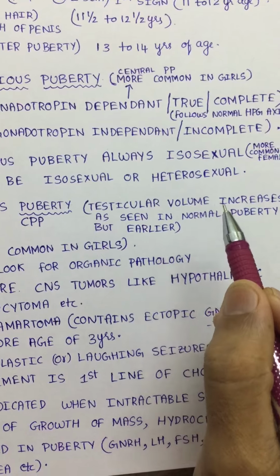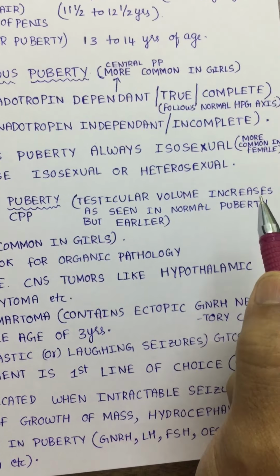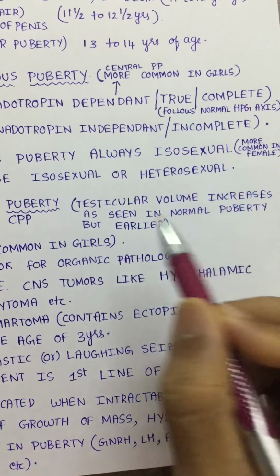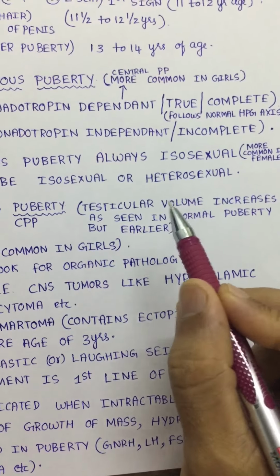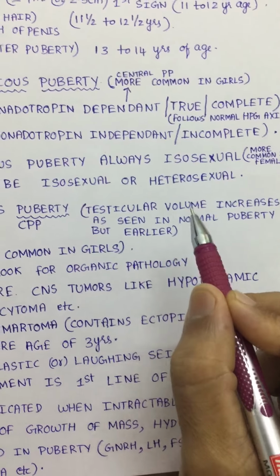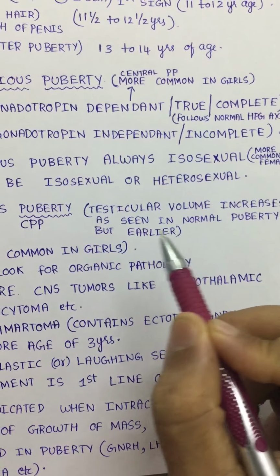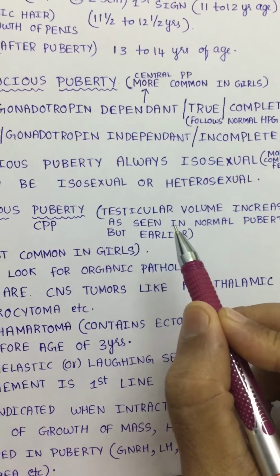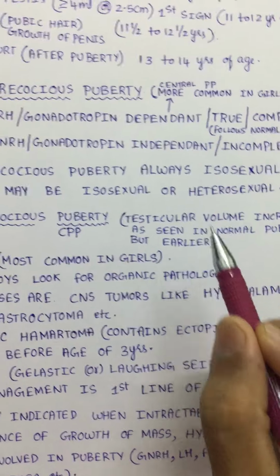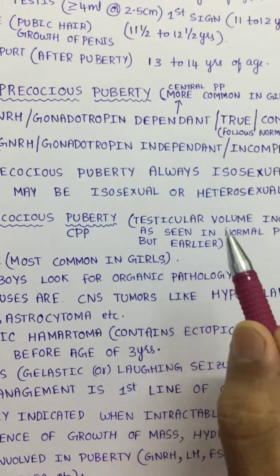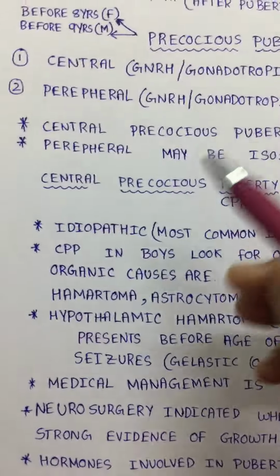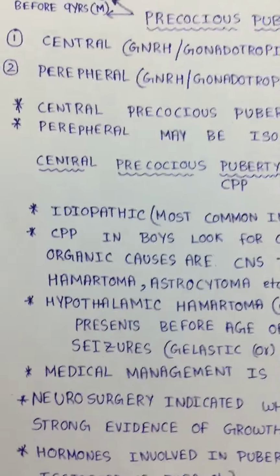Testicular volume increase occurs as the first stage, so it develops as in the normal stages of puberty, but it occurs at an earlier age. That's why it is called complete precocious puberty or true precocious puberty.